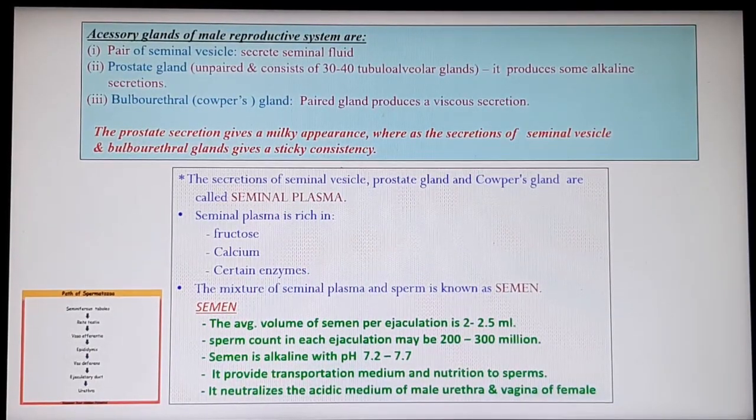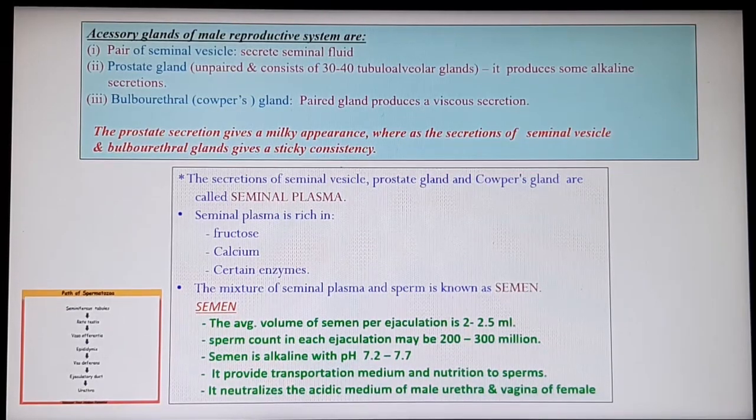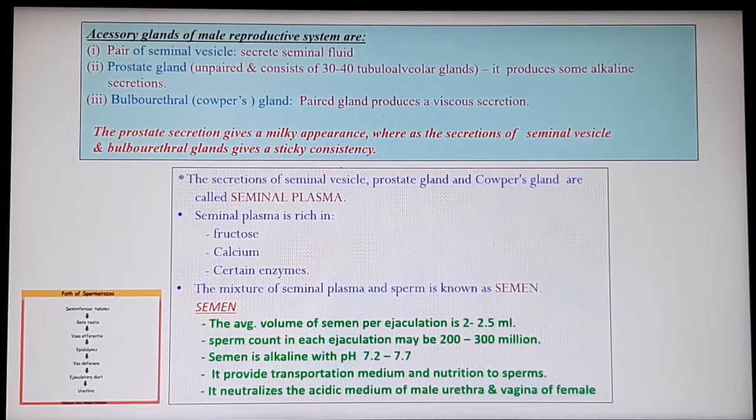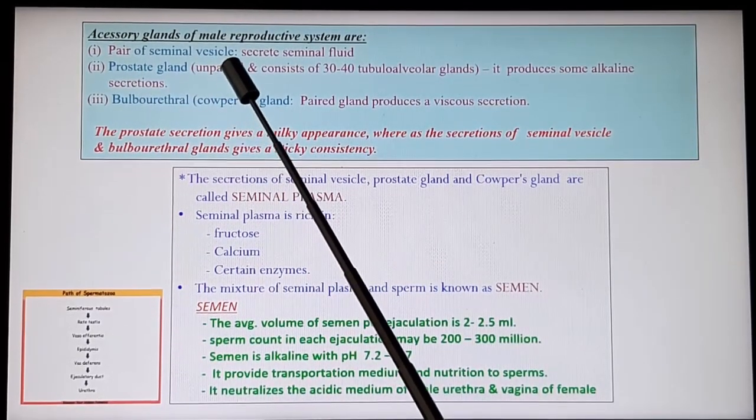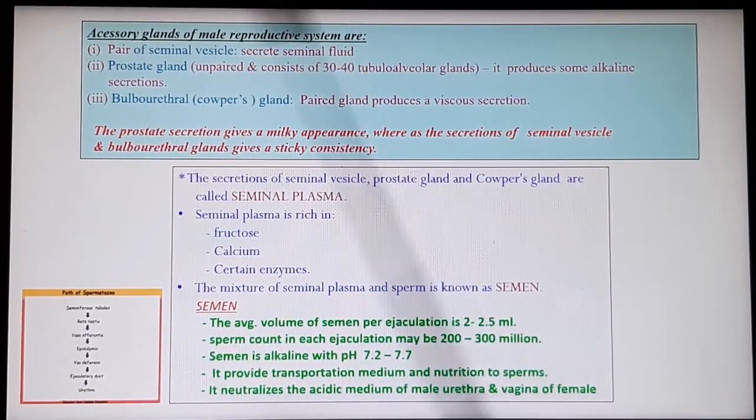Coming to the next, the accessory glands of the male reproductive system. What are the accessory glands of the male reproductive system? There are mainly three: two paired glands and an unpaired gland. A pair of seminal vesicles, which secrete a fluid called seminal fluid.